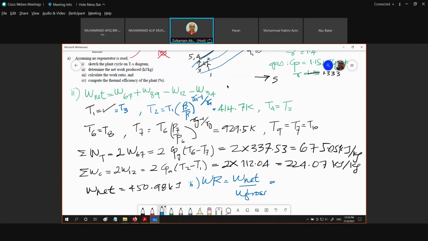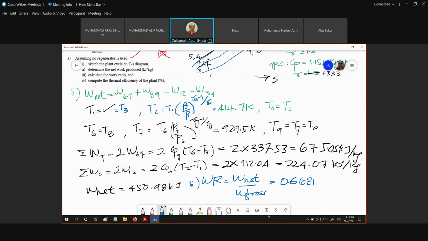So W net is 450.98 divided by 675.05. Give me four decimal points: 0.6681. So that is your work ratio.